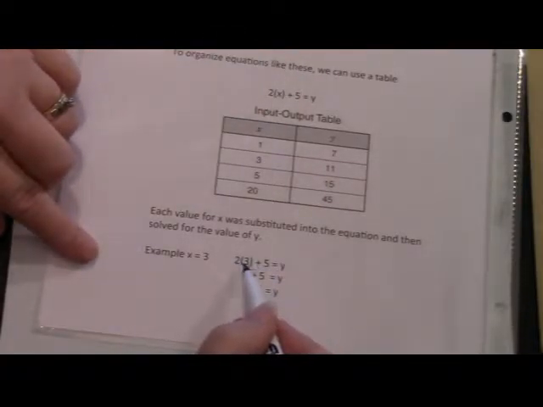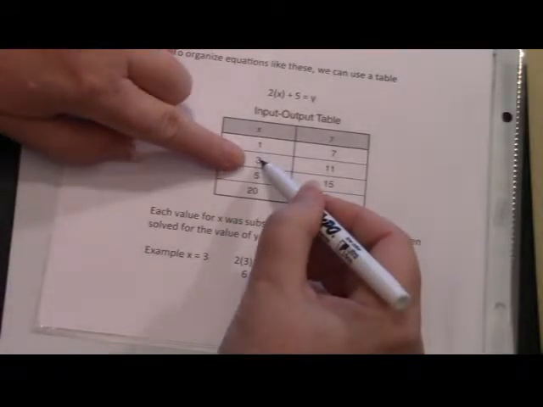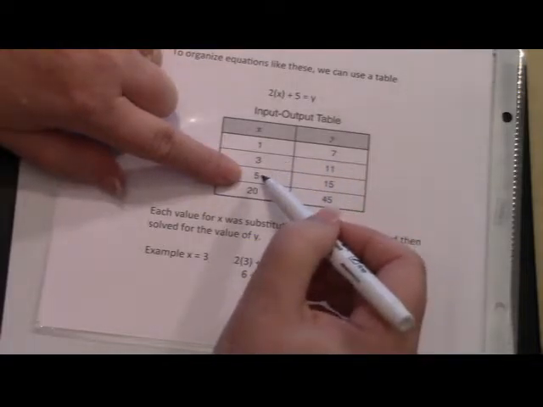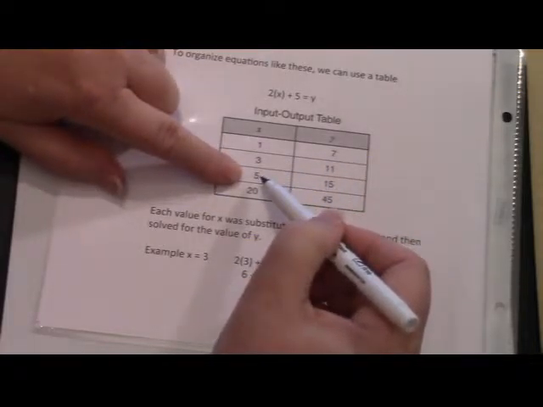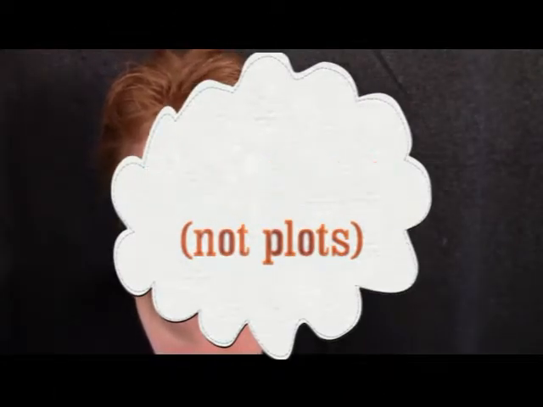So I have 2 times 3 plus 5 equals y. 2 times 3 is 6. 6 plus 5 is 11. So when x equals 3, y is going to be 11. I could do the problem again, but this time I could substitute 5 and I would get 15 as my output. These are 4 plots that I can put on a graph and they would form a line. So this is your XY table or an input-output table.